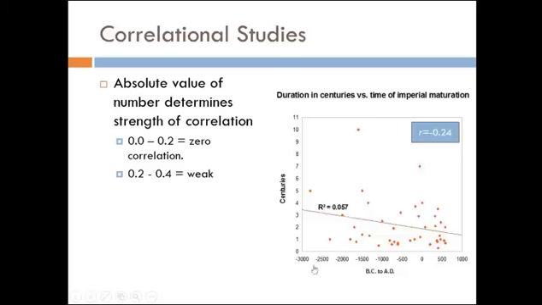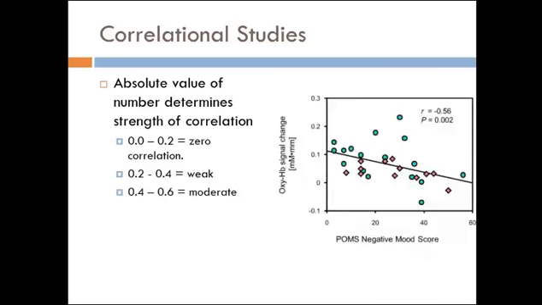So what it's showing us is, for the year that the empire was founded and how long it lasted, really only about, well, if we round up, about 6% of the variability between empires can be attributed to the time when it was founded. I mean, 6% of the variance is being accounted for. That's not very much. So we could say that's very weakly related.